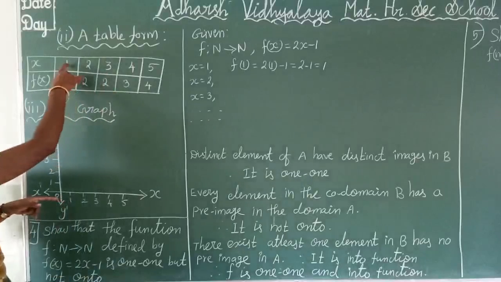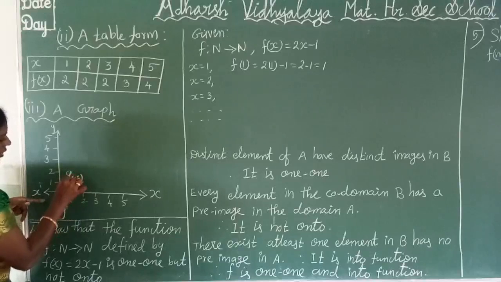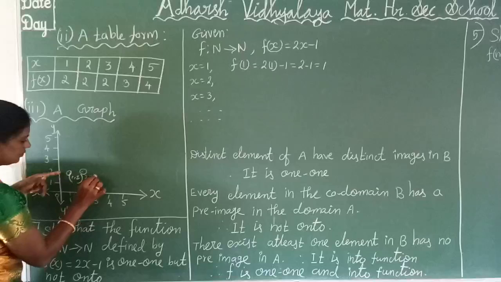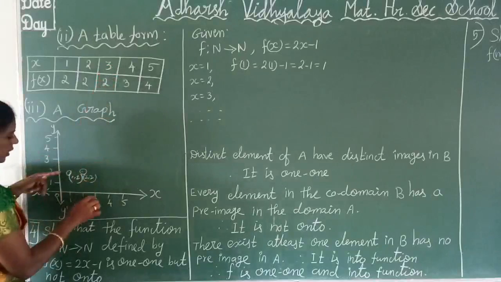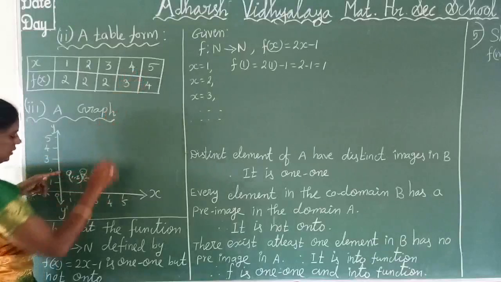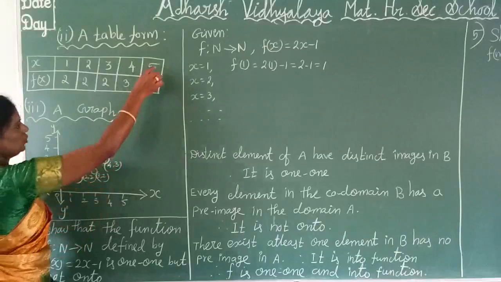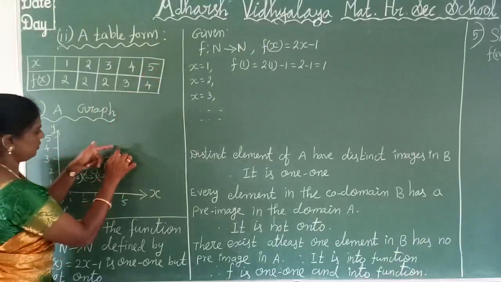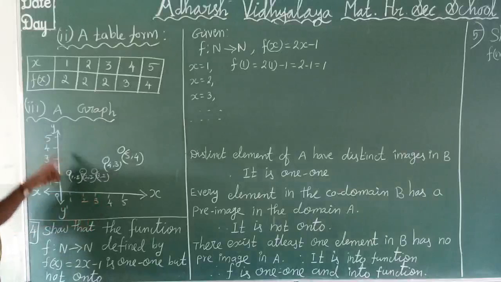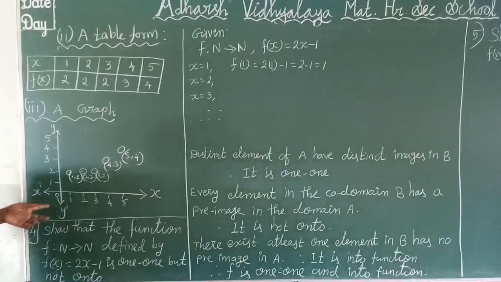Mark the points (1, 2), (2, 2), (3, 2), (4, 3), (5, 4). So that is the graph. You mention the x-axis and the y-axis and mark the ordered pairs. Is it clear?